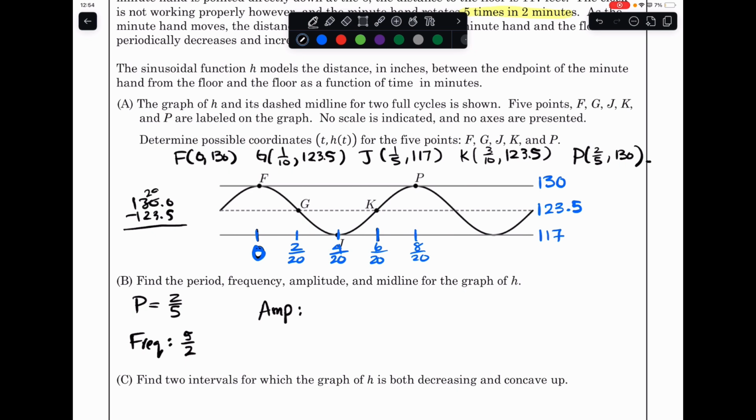This is going to be 6.5. And our midline is y equals 123.5. Okay, so there you have it.